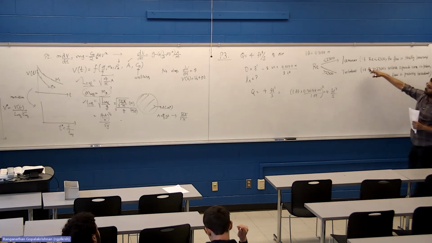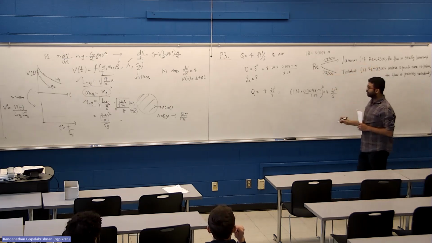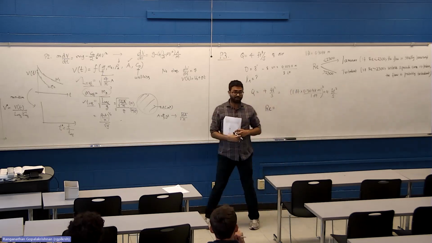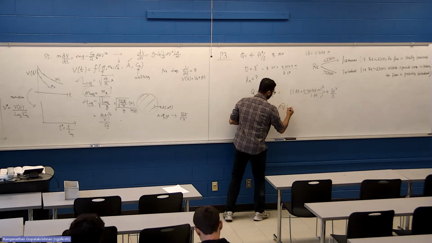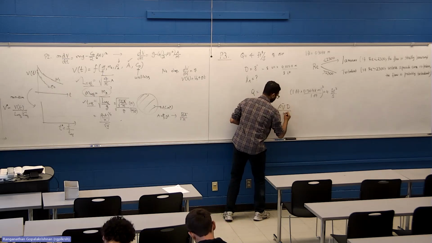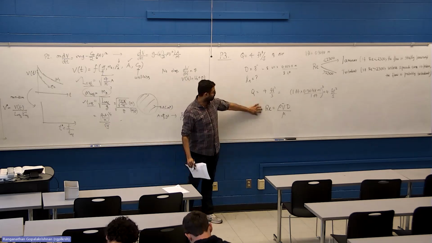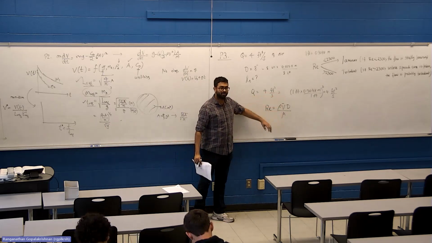So to make this decision, you need the Reynolds number, and to get the Reynolds number, what do you need? What is Reynolds number? I'm not going to give you that. It's density times velocity times diameter over viscosity. Rho V D over mu.